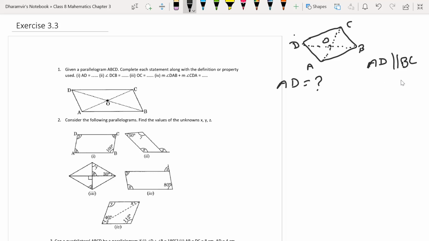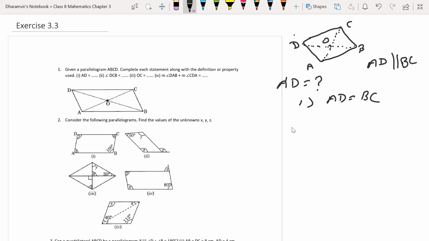Hence, according to the properties of the parallelogram, opposite sides are of equal length. Then AD is equal to BC. So the solution of part 1 is AD is equal to BC.